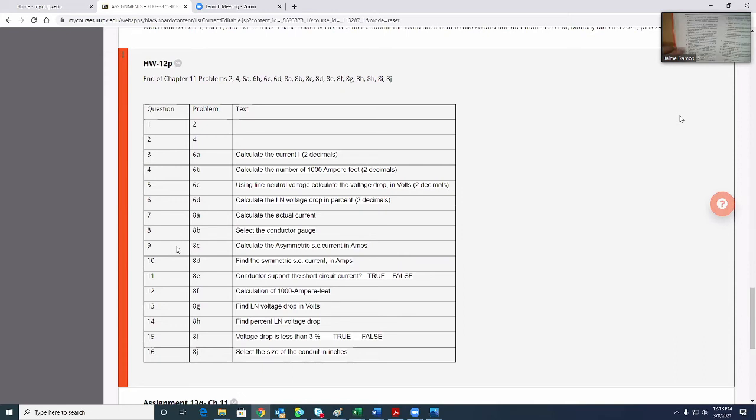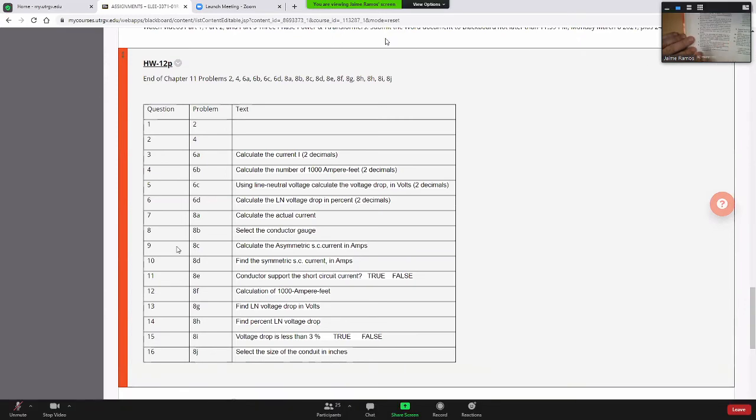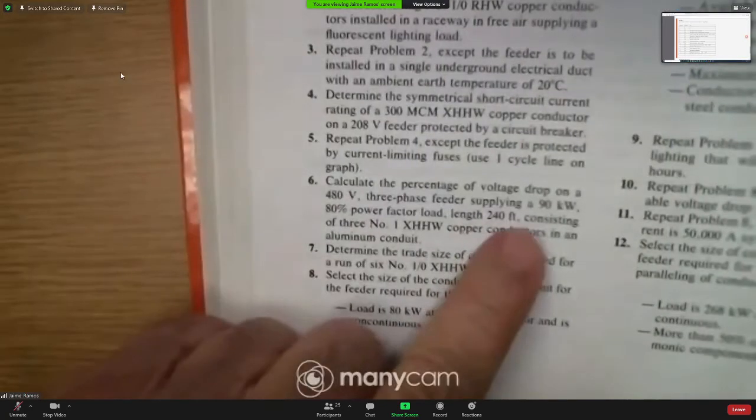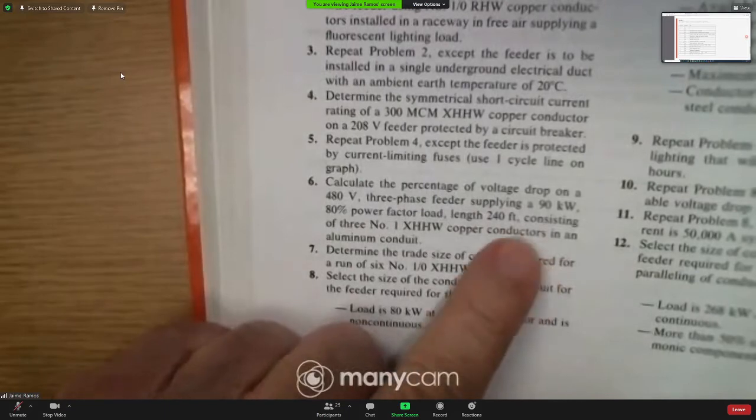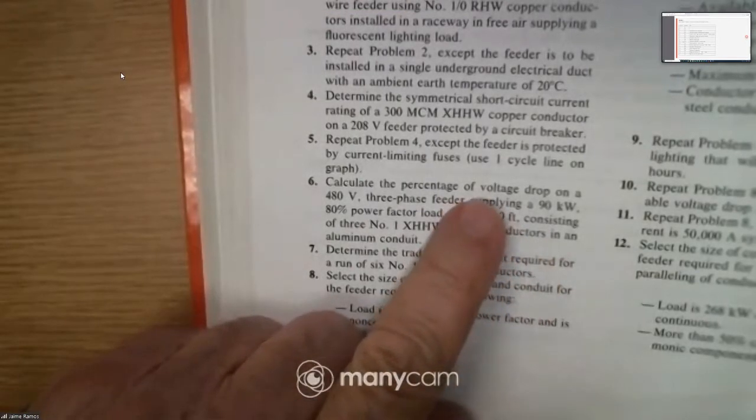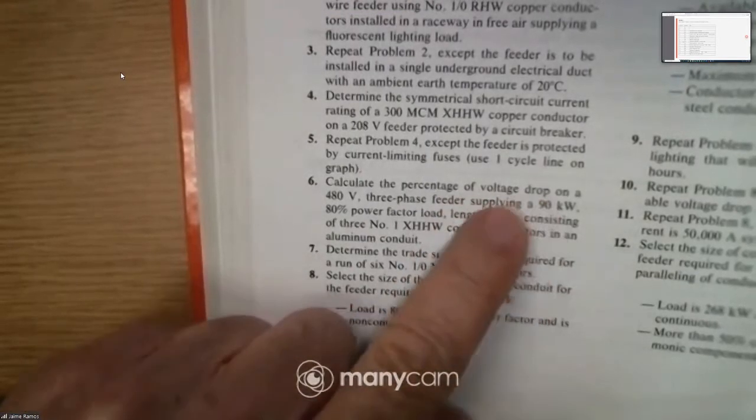Now, problem 6 has A, B, C, D. So A is the first question. Percentage of voltage drop.